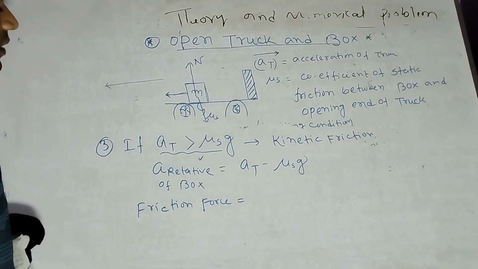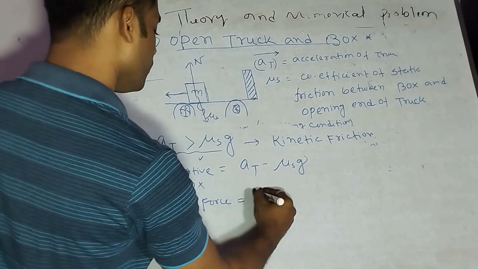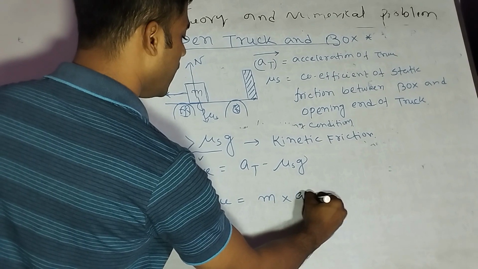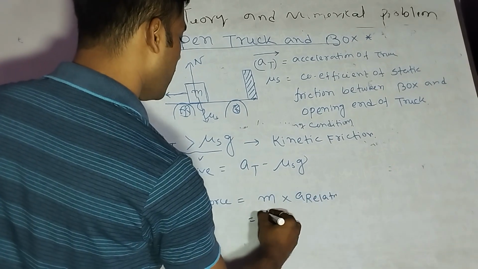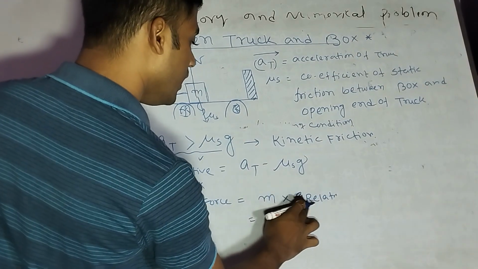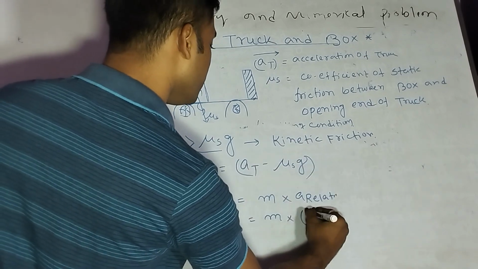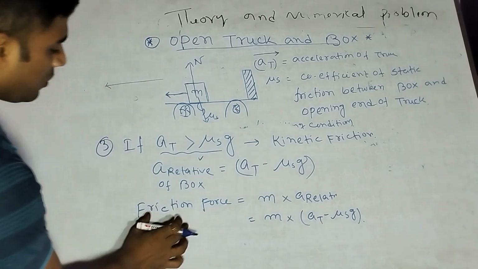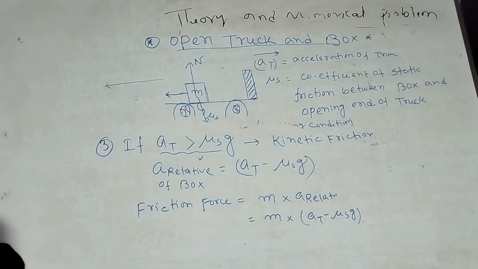What is the friction force? That means m into a relative, the mass of the box into a relative. A relative value is given by AT minus mu s g. This is a very important point. If AT is greater than mu s g, then the friction is kinetic friction.